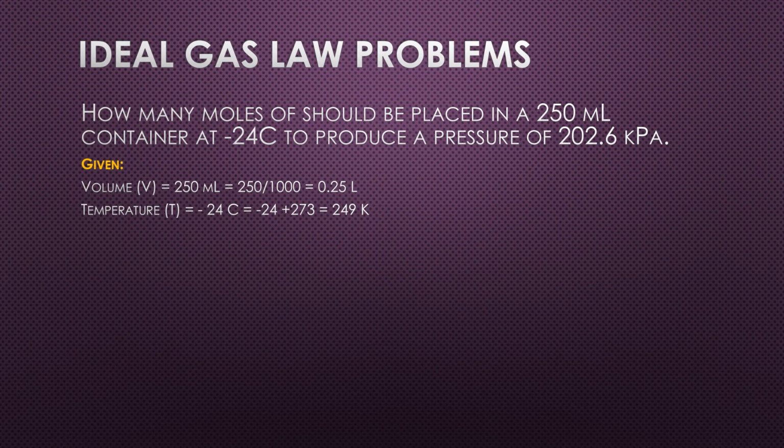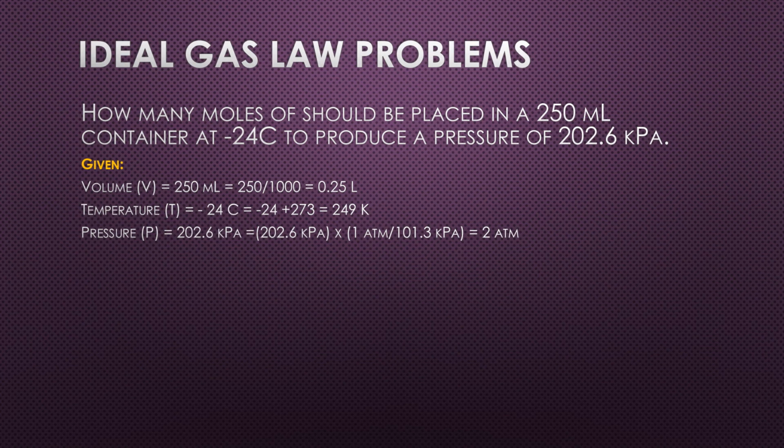Next up, we are given the pressure as 202.6 kilopascal. Once again, we want to convert this into atmosphere, because we need our pressure in atmosphere. As we all know, 1 atmosphere is equal to 101.3 kilopascal. So we'll multiply this 202.6 kilopascal with that conversion factor.